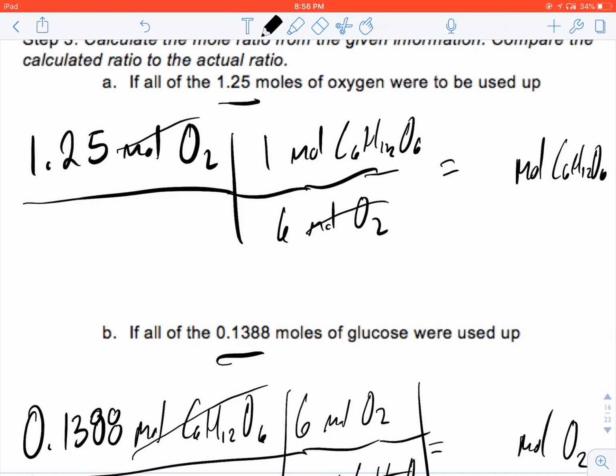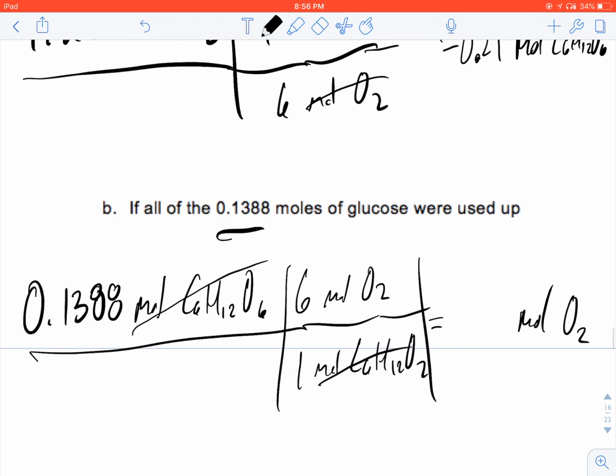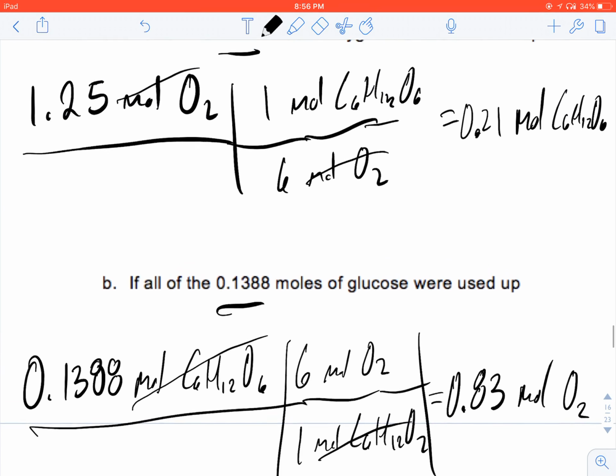So 1.25 divided by 6. We'll get 0.21. And then 0.1388 times 6 is 0.83. All right.